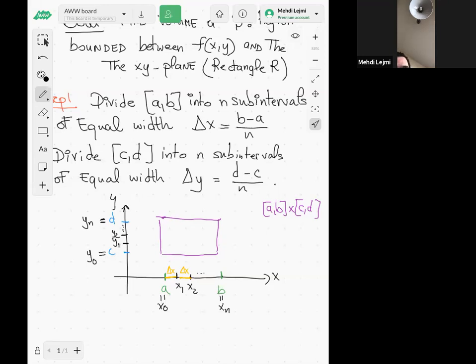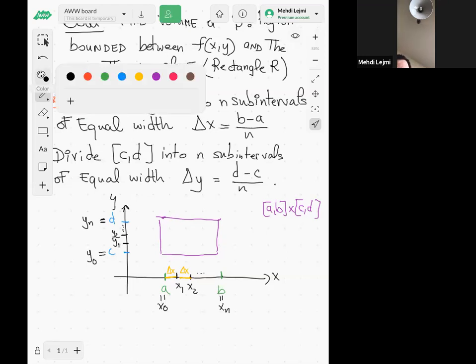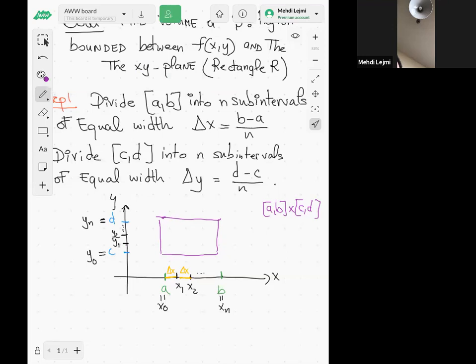Of course, the length of each subinterval in the interval CD is delta y. This is delta y, this is delta y, etc. So we divided our rectangle into sub-rectangles, small rectangles.